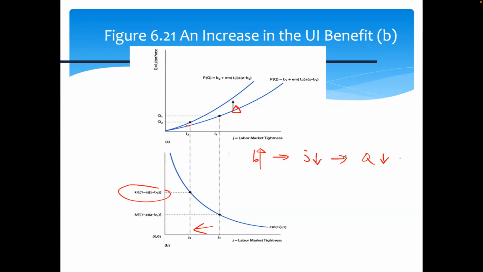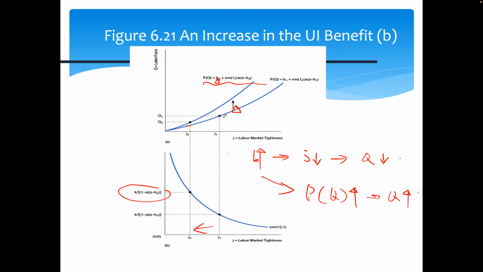But there's another impact. When B increases, actually here, this was from the firm side. Now there's the other side. When B increases, it actually makes search more attractive. Why? Simply because workers are going to get more outside options, so they are more willing to search. Even if they fail, they are going to get a higher benefit. So that means P of Q is going to increase, and everything else equal, this is going to lead to Q increasing.